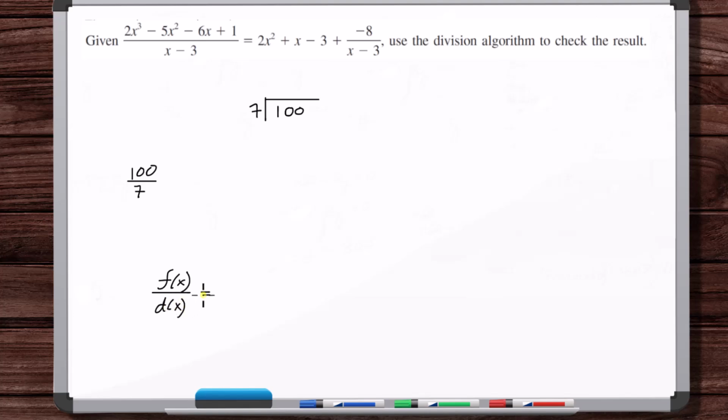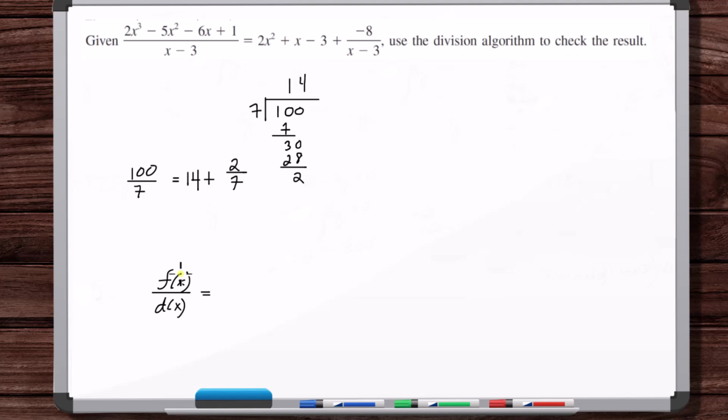Okay, that's equal to what? Well, if we do the division here, you've got 7 times 14. Okay, we know that this is equal to the quotient, and then we would put 2/7, but another way to look at this is you do 14 plus, and then you do the remainder over the divisor, right?